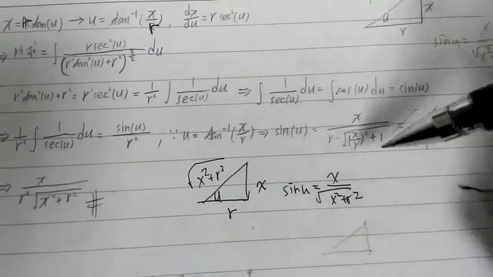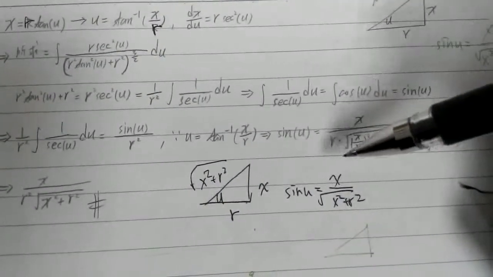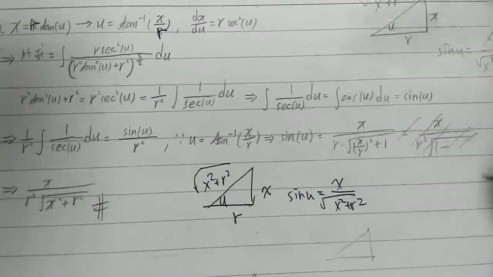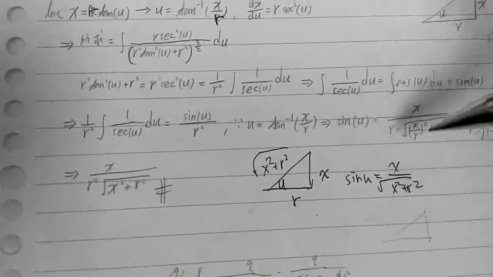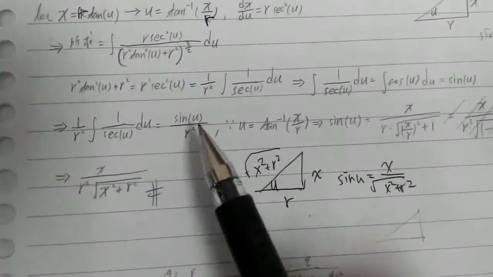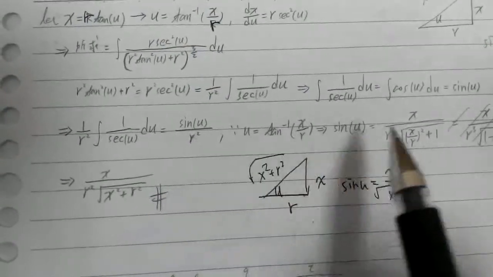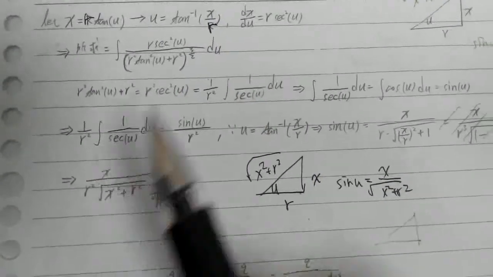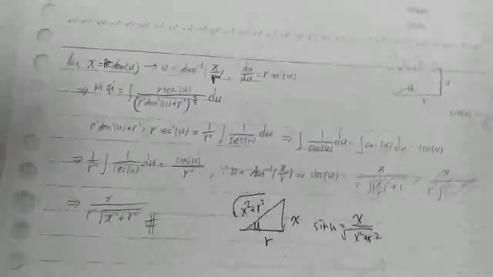So sine u will be x divided by, here just taking the r out, so that's why it will be in this form. So sine u divided by r squared, and then we can have this form. Then we can go back to check.